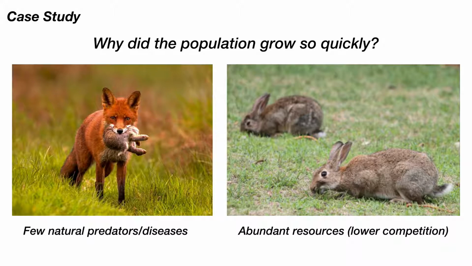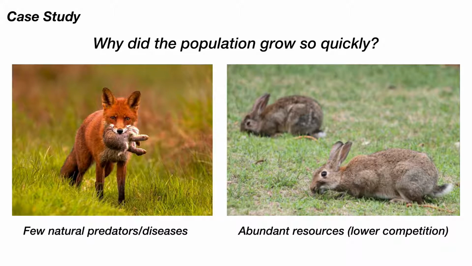When species are introduced into a new area, those that are really highly invasive are invasive because they are released from natural pressures that keep their population in check. Okay, so because they lacked predators, because there weren't any diseases that naturally afflicted them, they could grow almost unchecked.